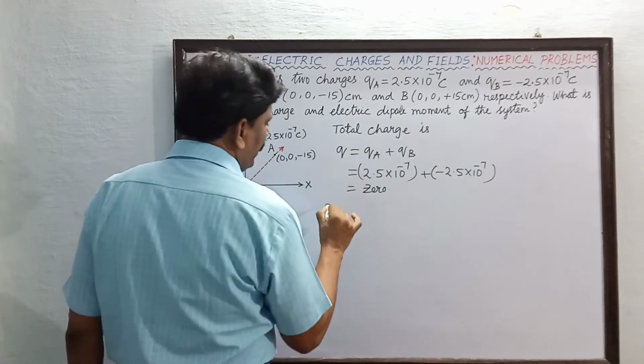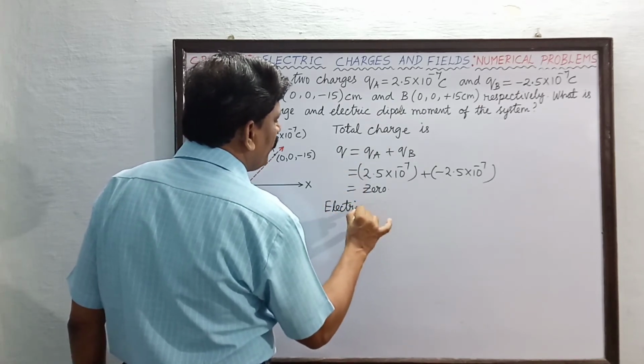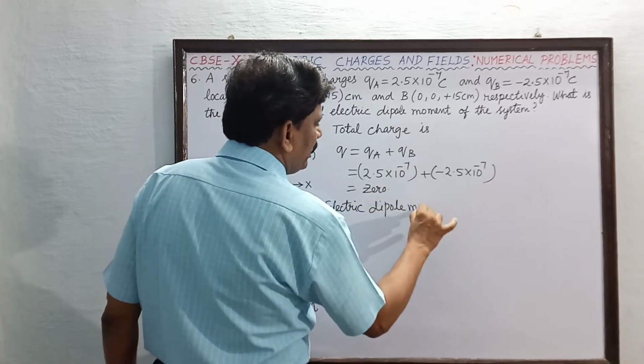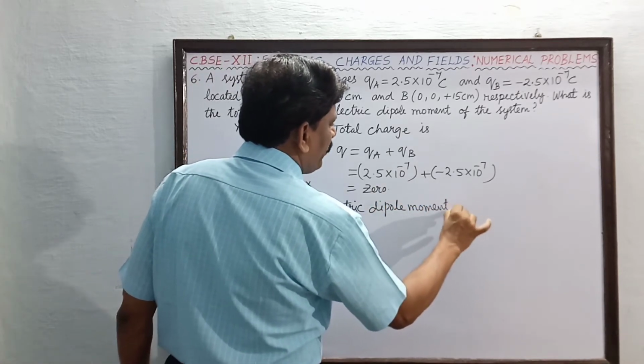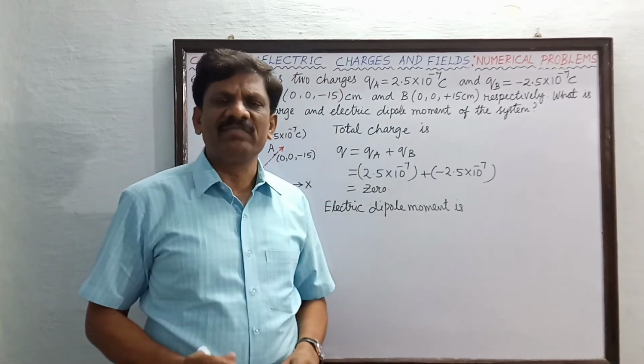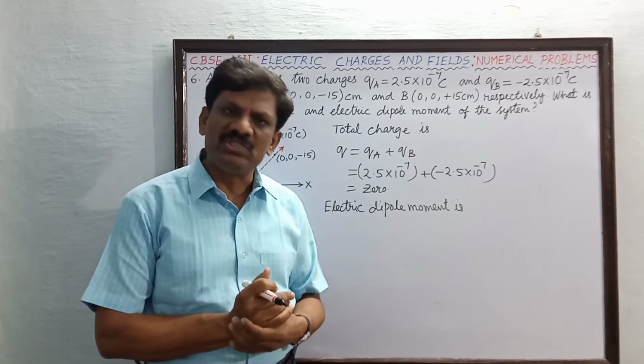And electric dipole moment. So how do you define the electric dipole moment? The electric dipole moment is defined as the product of what? The magnitude of one of the charges making the dipole and the distance between the two charges.